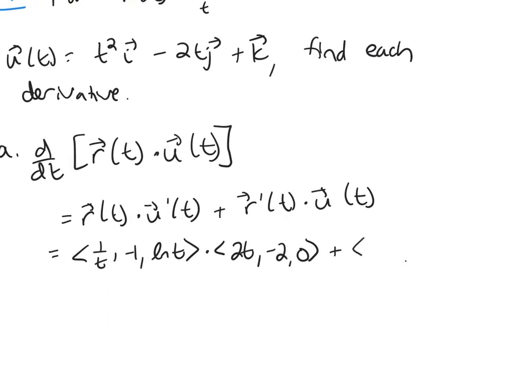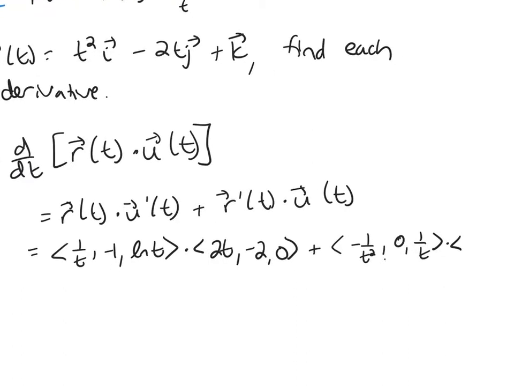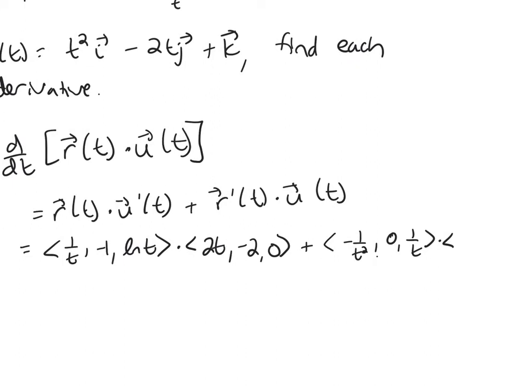So the derivative of 1 over t is negative 1 over t squared, 0, 1 over t, dotted with the vector u, which was t squared, negative 2t, and 1.